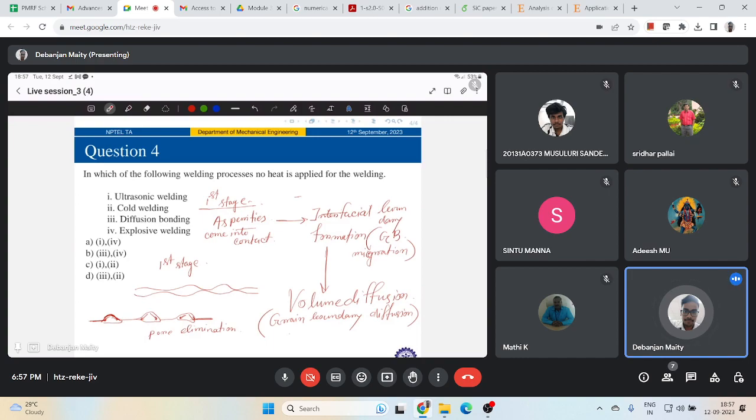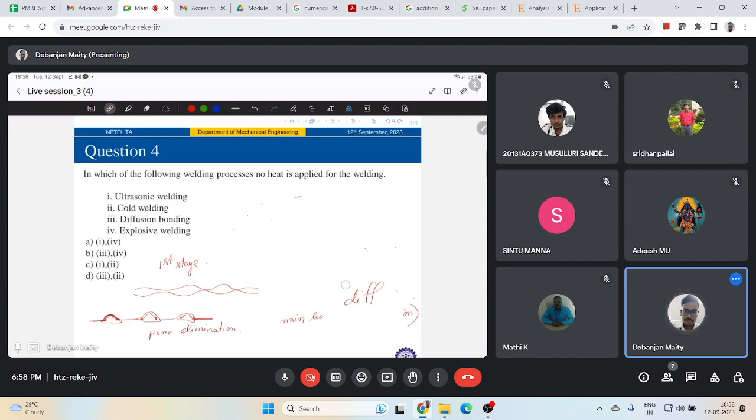Now, what are the factors which influence this diffusion welding? I once talked about this thermal diffusion length. That is one factor.